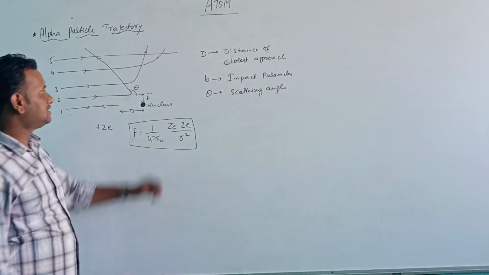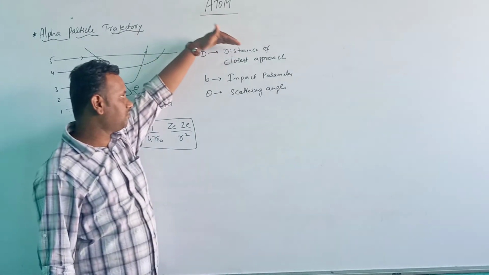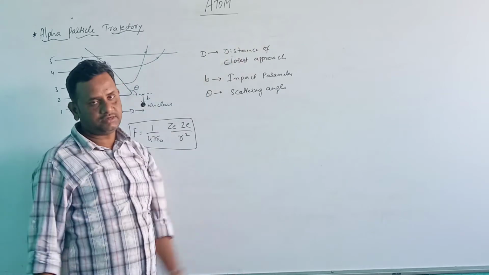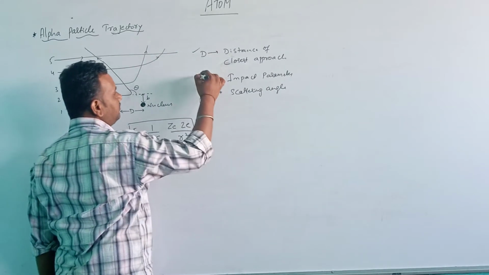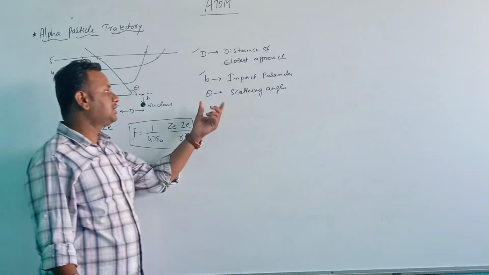What is this distance of closest approach? Let me explain that one by one. What is this impact parameter? These are the two main important definitions here: the distance of closest approach and the impact parameter.